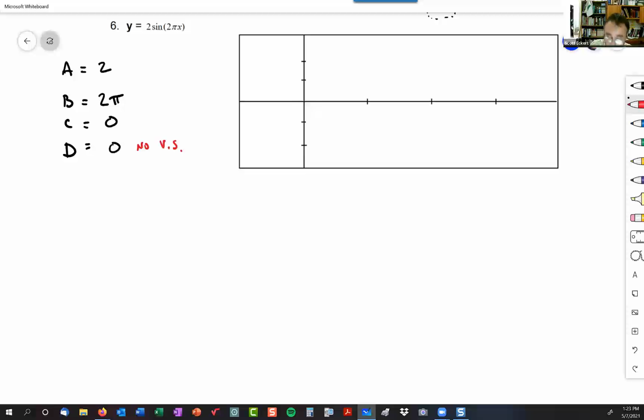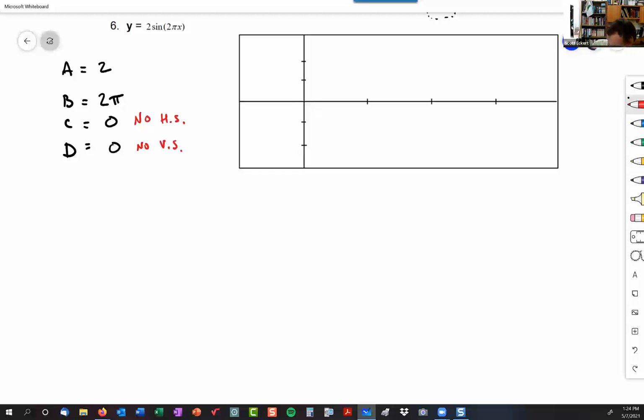And Sherry, let me follow up with you. If C equals 0, what does that mean? Oh, there's no phase shift? Yes, very good. No phase shift. Newton calls it a phase shift. I like to call it horizontal shift because that's the way we learned about it in general in chapter 3.